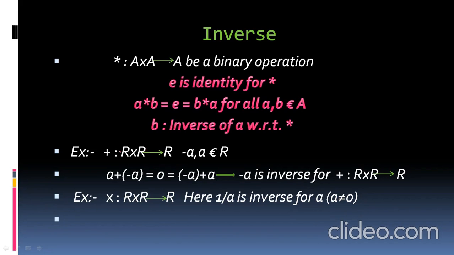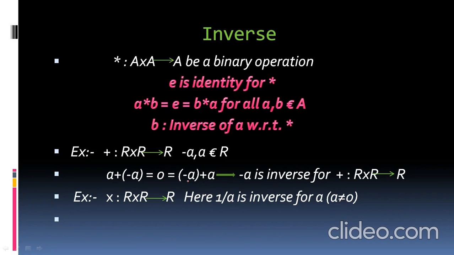Consider the example. Now consider addition as binary operation on set of real numbers. Now consider an element A. If we add minus A to A, what we get is 0, and 0 is the identity, additive identity of set of real numbers.